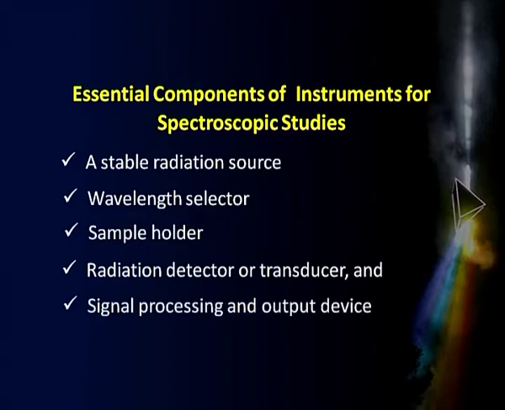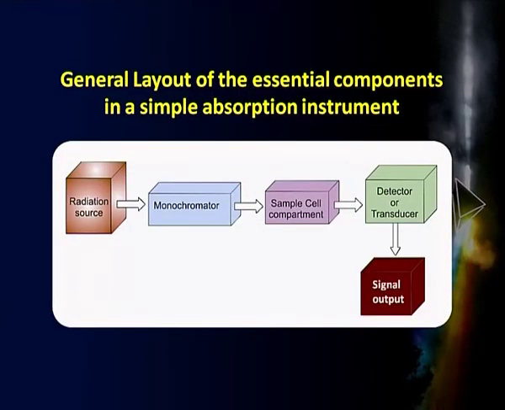And lastly, we need some kind of mechanism, some device which will process this data and give us an output in terms of a spectrum. That is the broad outline of the essential components of an instrument. Let us talk about each one of them one by one. Let me just give you a small general outlay.